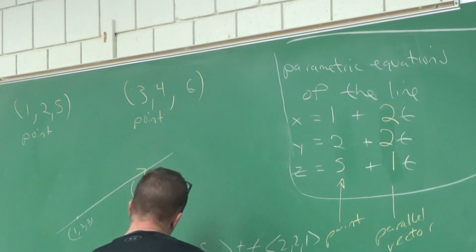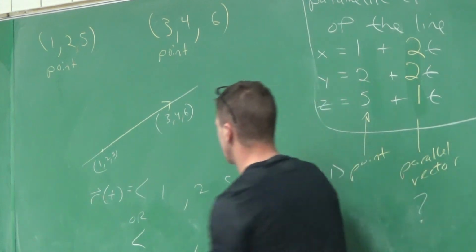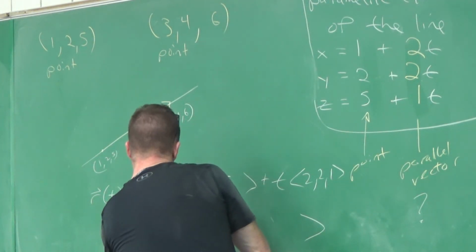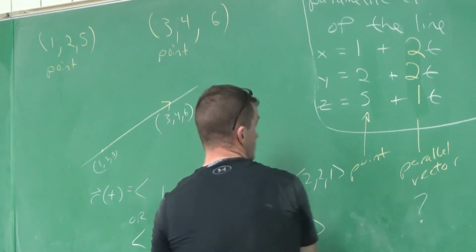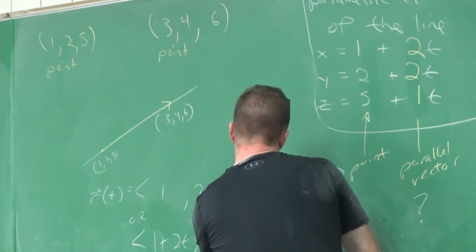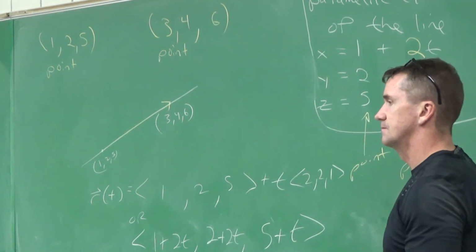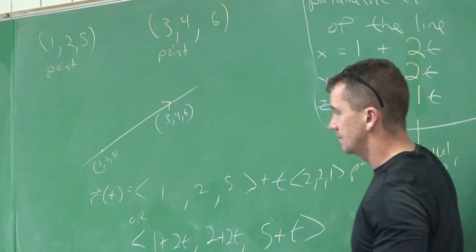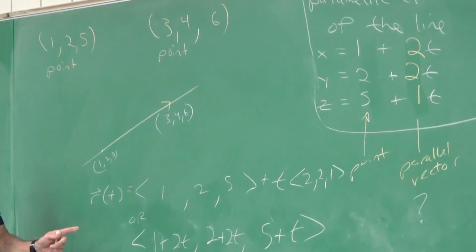Most students like to write it as one x, y, and z component, like here. What's here? 1 plus 2t, 2 plus 2t, and what's the last part? 5 plus t. So the bottom part we call a vector equation of the line, and that one is the parametric equation of the line, right? Exactly. I'll repeat that. Very good.